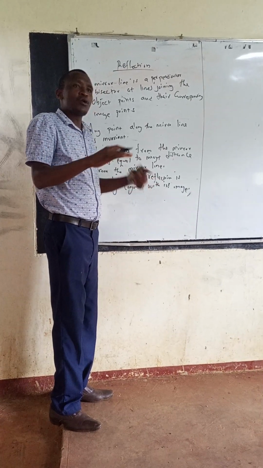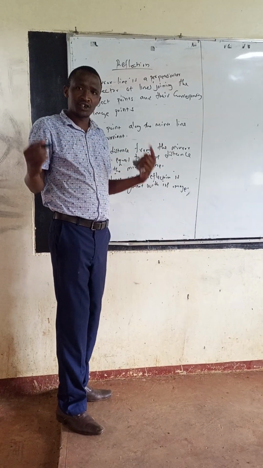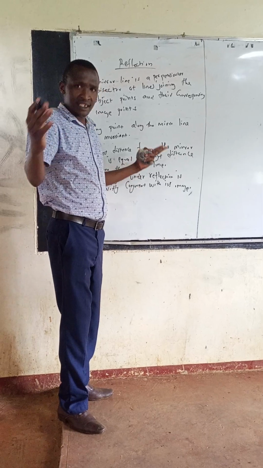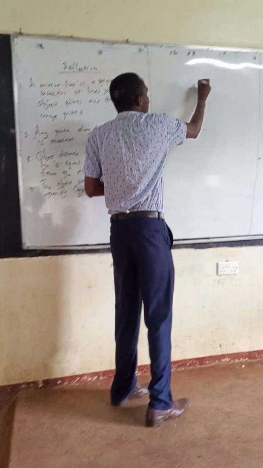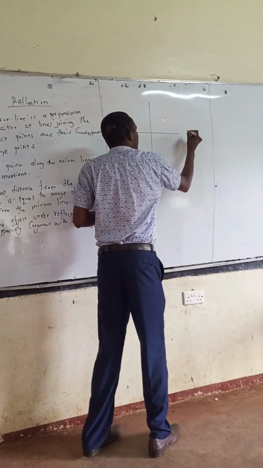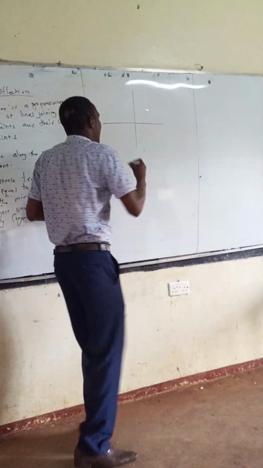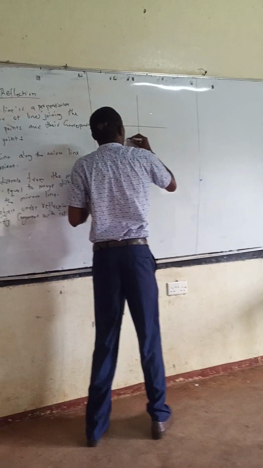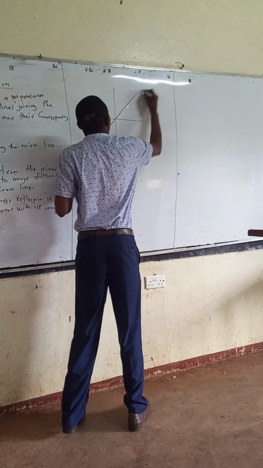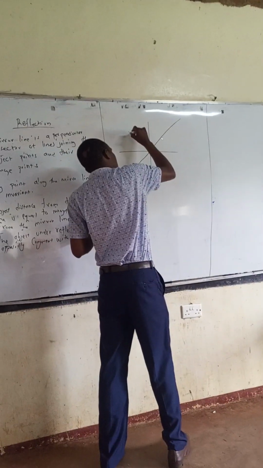Before we work on questions concerning reflection, we need to recall many things here. I can draw a Cartesian plane. I can have a line moving this way, and a line moving this way.